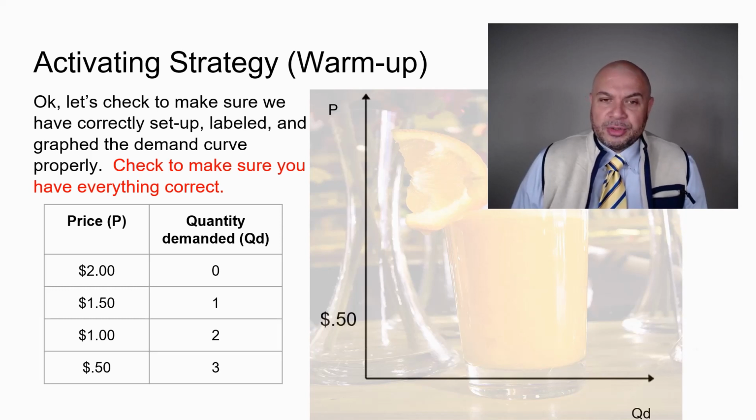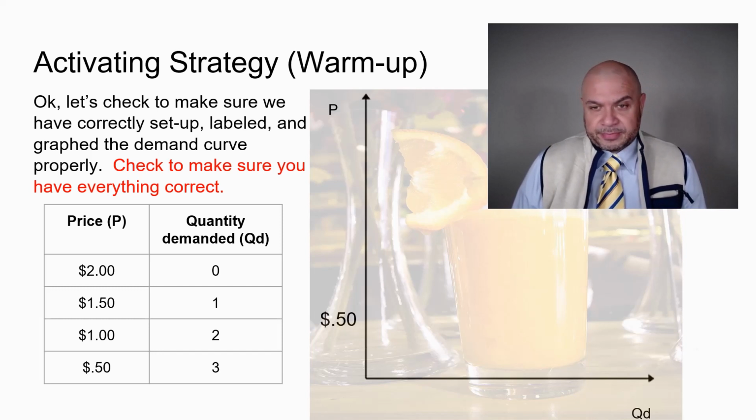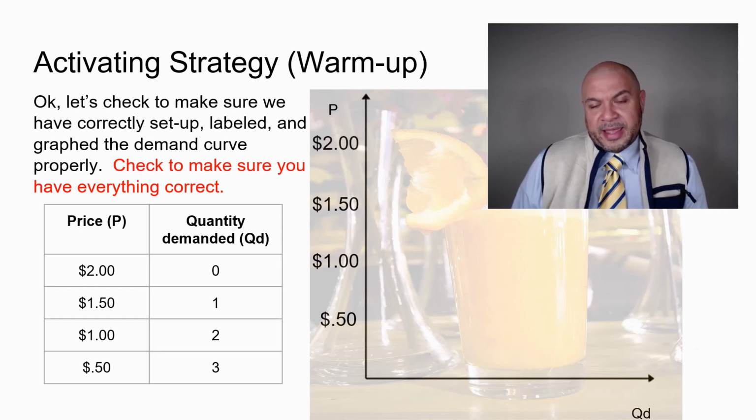Now, I chose to label my y-axis, the price axis, by 50-cent increments. So 50 cents, $1, $1.50, and $2.